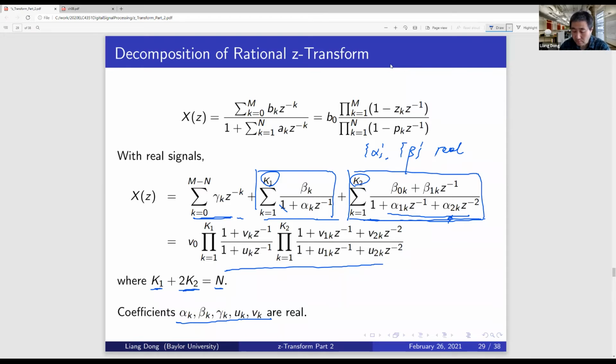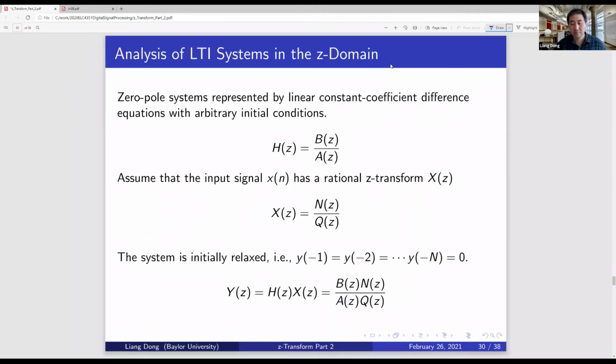Therefore, theoretically, for all real signals, we can simply use the lookup table to find each of those time domain representations. So we kind of complete the loop. We move everything to the Z domain, find the system function capital H, then do an inverse Z transform back to the time domain to identify the system, finding the little hn.